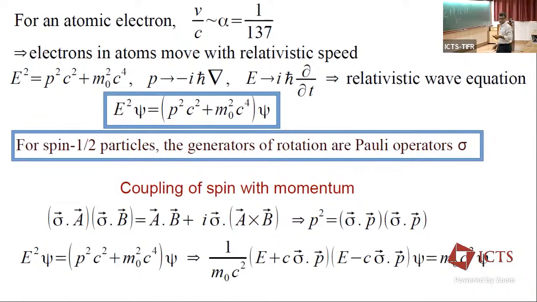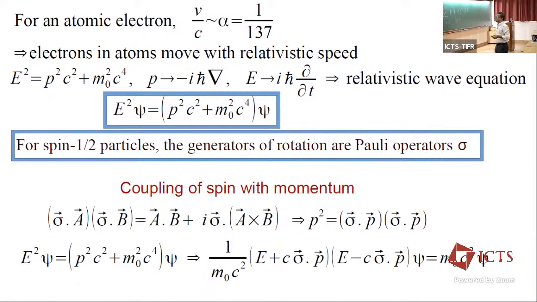When you consider P as an operator, E also becomes an operator, and you get a second order wave equation, second order in time and second order in space. In electrodynamics, all the equations are first order. So you want to construct an equation for massive particles with spin, which is first order in time and space derivatives. That was the original motivation of Dirac to derive this.